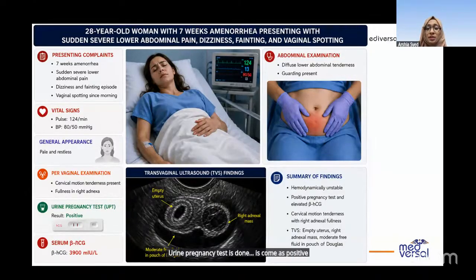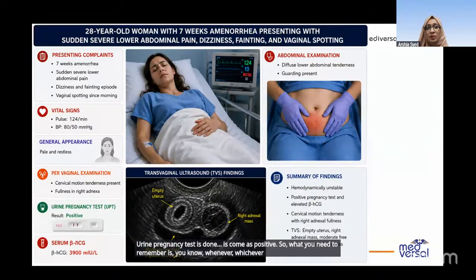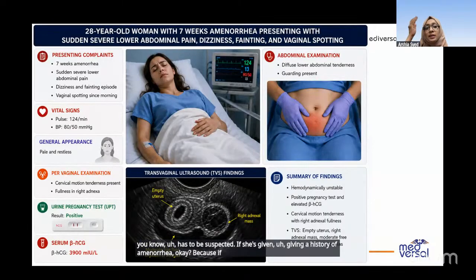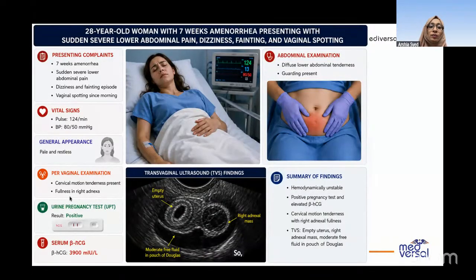So what you need to remember is, whichever department you're in, if it's a female patient, make sure you always ask her last menstrual period. Pregnancy always has to be suspected if she's giving a history of amenorrhea, because if you don't suspect pregnancy, it's a major negligence on your part. So in whichever department you are, first thing, ask when is her LMP.